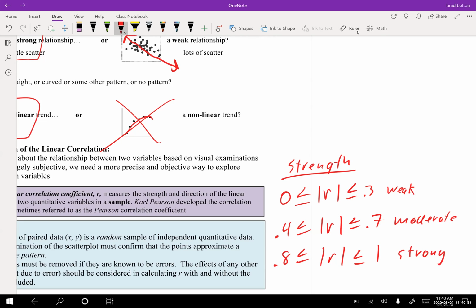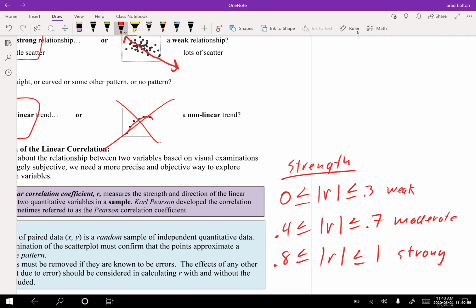Now here's the thing, you might notice there's a little bit of leeway in here. We have between 0.3 and 0.4, we're missing 0.35, 0.36. So that's why there's that gray area. If I were you, I would definitely try to round to the closer one. So if you're at 0.32, I would say that's closer to a weak relationship.